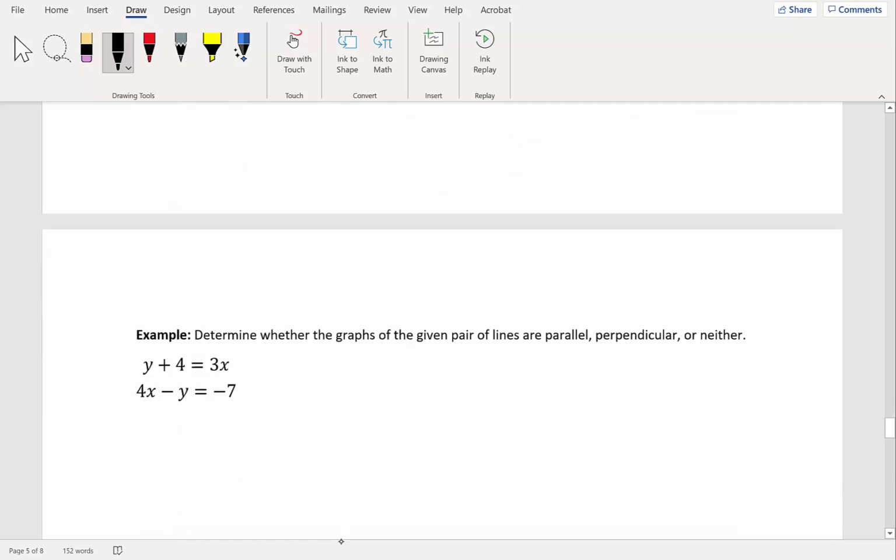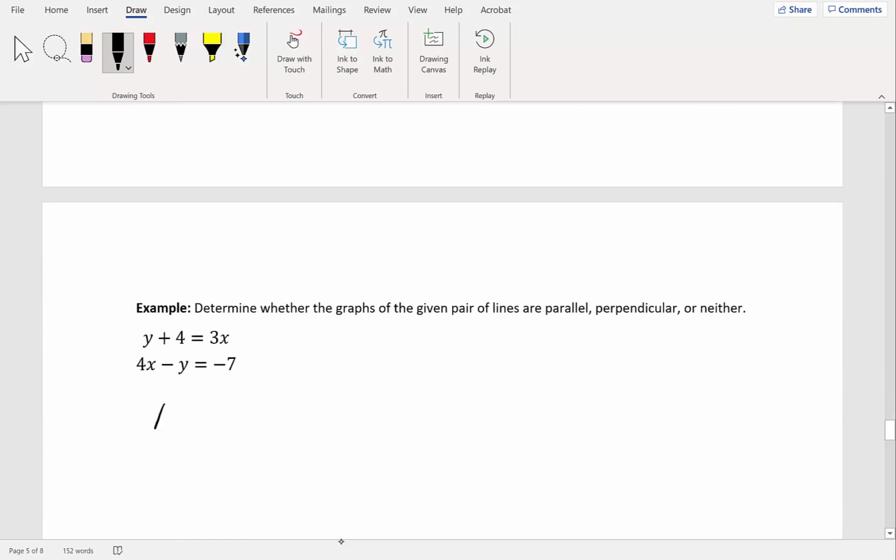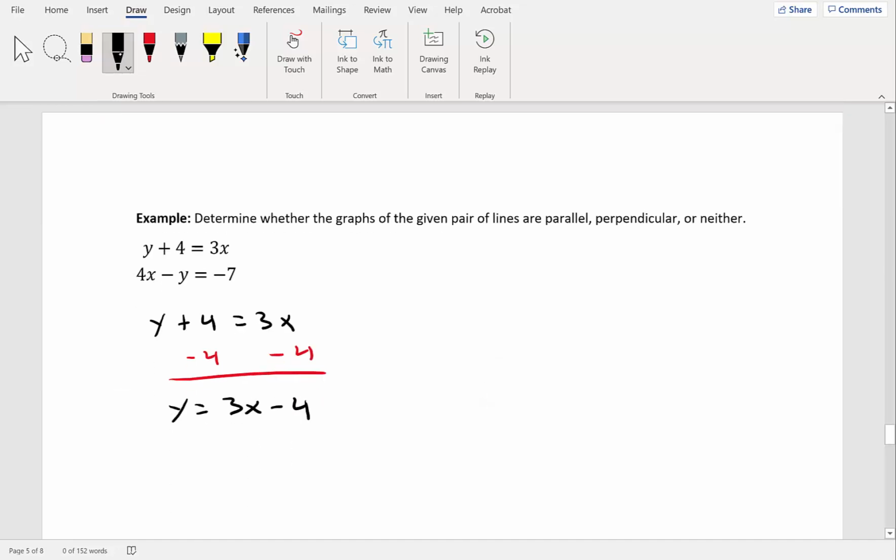Let's take a look at another example. Our first equation is y plus 4 is equal to 3x. We want to determine if these two lines are parallel, perpendicular, or neither. I'm going to solve for y to get slope-intercept form. I get y is equal to 3x minus 4, and now I can determine my slope is 3.